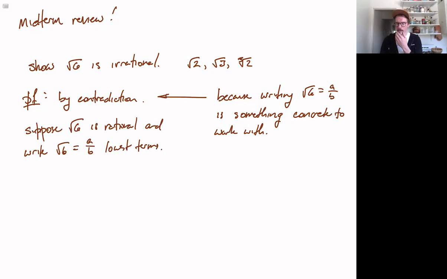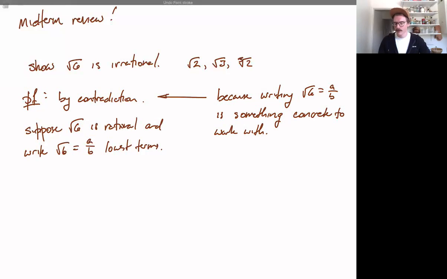Okay. And maybe also I want to treat this as an example of how to model a new proof off of proofs that you already know. So if you remember, how did we prove these cases? What we said was, let's square both sides to get rid of the square root, and then prove that a and b are both even or both divisible by 3.